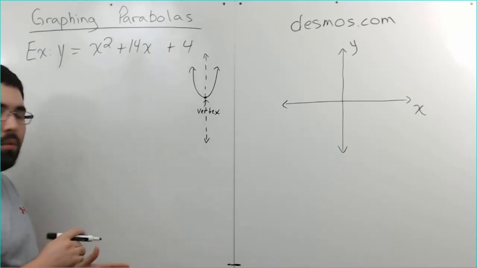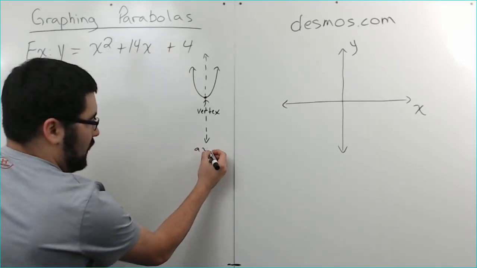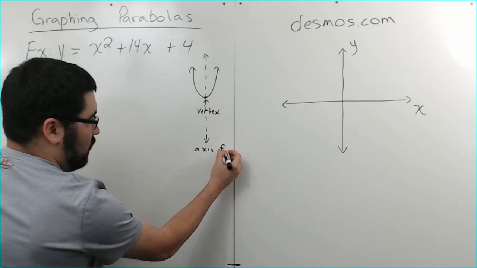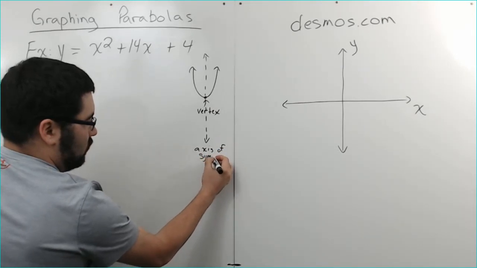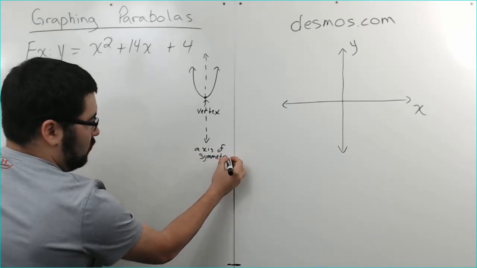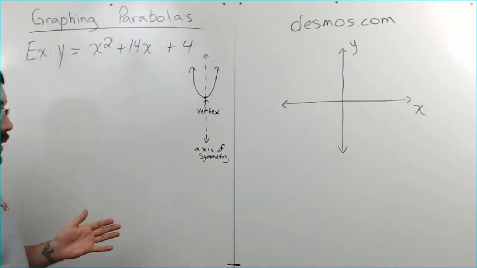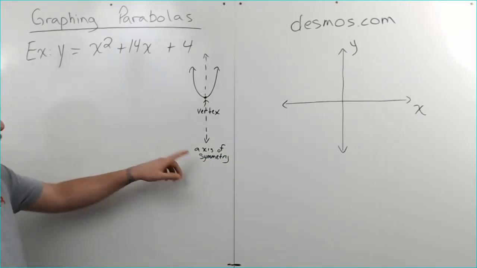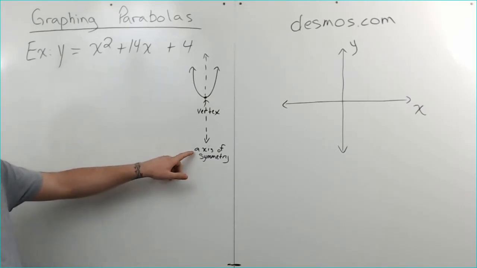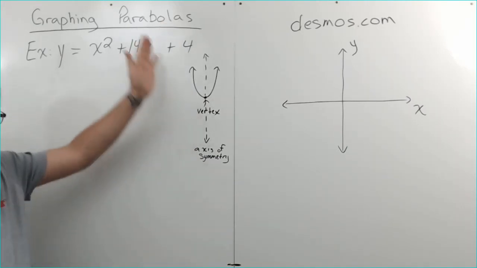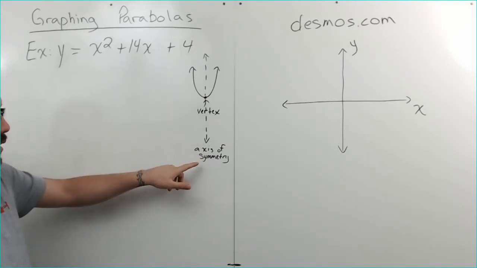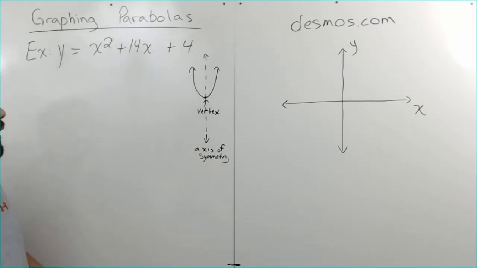This line that goes right through the middle is this thing called the axis of symmetry. So again, another vocab word you have to understand, but it's pretty straightforward. Axis meaning a dividing line in this case, symmetry meaning it's symmetric.